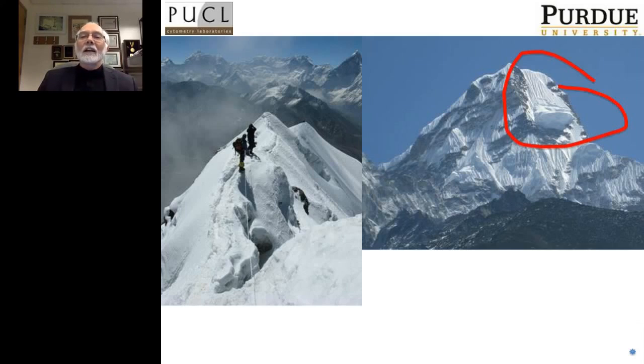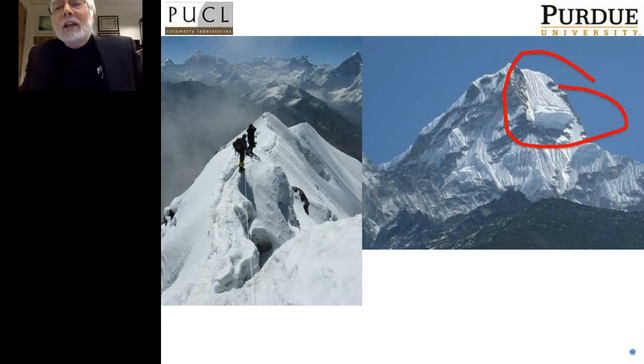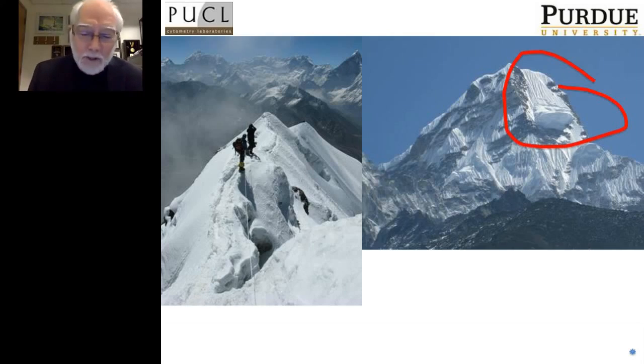which has a huge block of snow up there, which you have to climb over if you're going to get to the summit. And I can tell you from personal experience of being in these places that an avalanche is pretty nasty. Once that avalanche starts, just from a very small signal, just kicking a little bit of snow, you can have an avalanche that has hundreds and thousands, tens of thousands of tons.